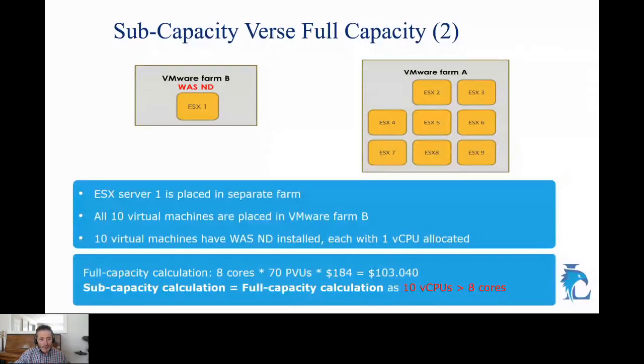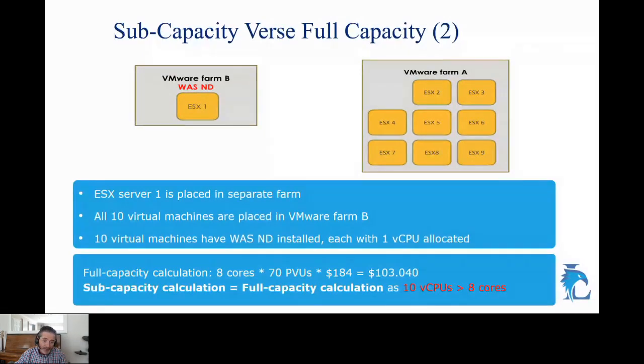Okay, so that's those worked examples. Again, it can go both ways. You can make huge savings or you can make huge risks. Can you imagine a situation where if that particular VMware in the VMware farm B was moved into the cluster A, what was probably fully license compliant previously now suddenly becomes a huge compliance risk for the organization.